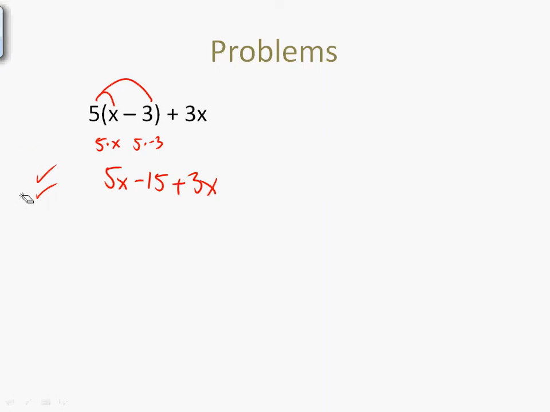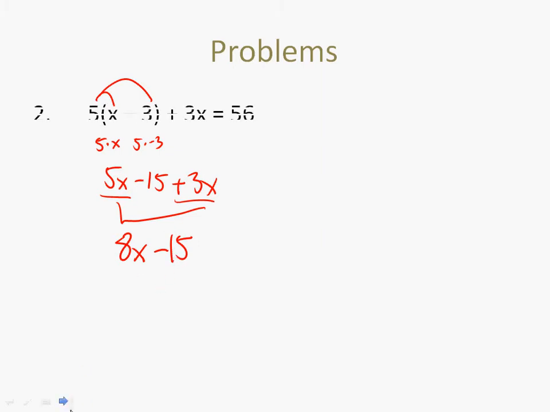Okay, so I'll erase this so we don't look at it later. 5x, I can't combine it with the constant of negative 15, but I've got a 3x here. I can put it together with that. So there's 8x, and now minus 15. And now we're ready to bring back the other side of the equation. So equals 56. And now let's just finish it off.